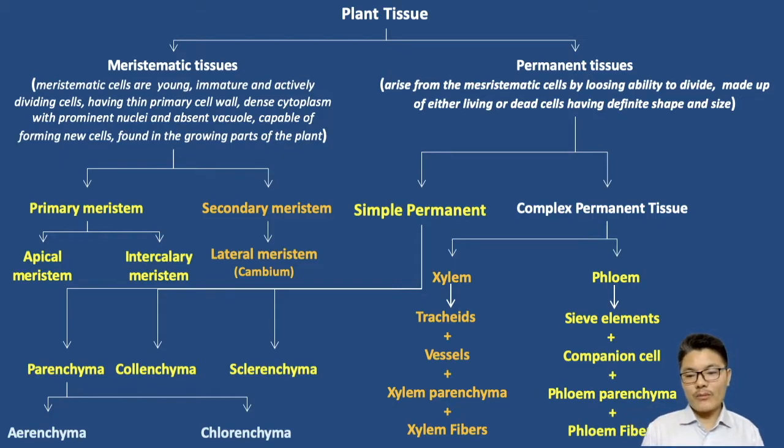So phloem is complex permanent tissue mainly because these are formed by different cells or tissues, say sieve elements, companion cell, phloem parenchyma, and phloem fiber. Now you have to remember all these terms.